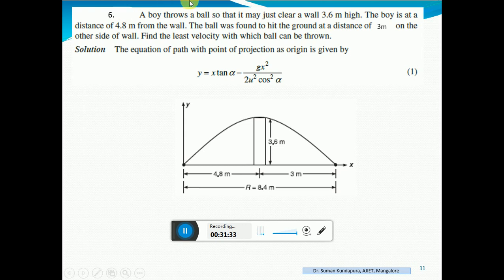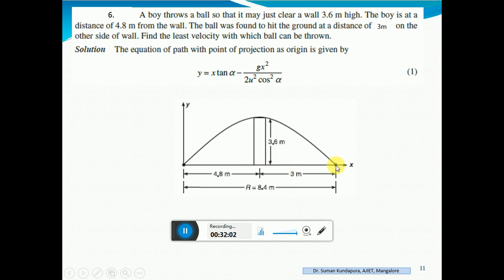problem is, a boy throws a ball so that it may just clear a wall of 3.6 meter high. The boy is at a distance of 4.8 meter from the wall. That boy threw the ball at a distance of 4.8 meter and the ball was found to hit the ground at a distance of 3 meter on the other side of the wall.